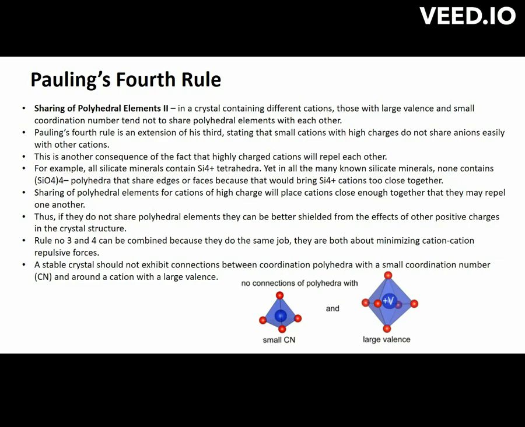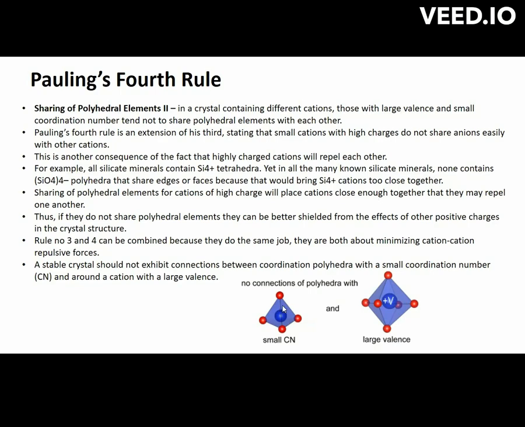All right. So which is why we say in a crystal containing different cations, those with large valence and small coordination number tend not to share polyhedral elements with each other. Remember, polyhedral elements, we can talk about the corners, the edges, and the faces.